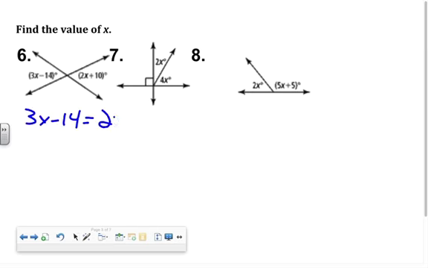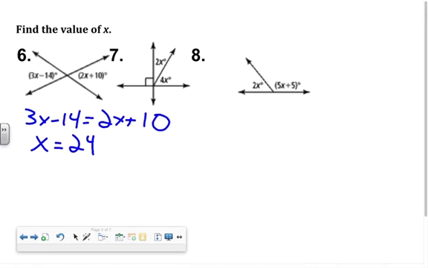They are equal to each other. So 3x minus 14 equals 2x plus 10. And then you just solve for x. Subtract 2x from both sides, I get x. Add 14 to both sides, I get 24. Again, you've heard me say this before. I'm going to keep repeating it to you so that hopefully it sinks in. You've got to make sure that you read the question.